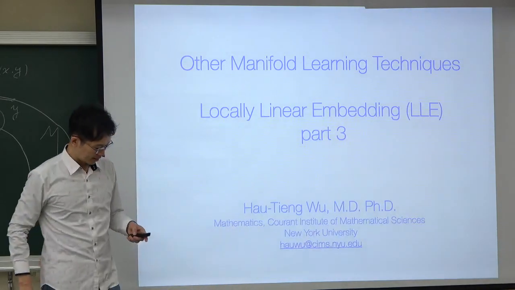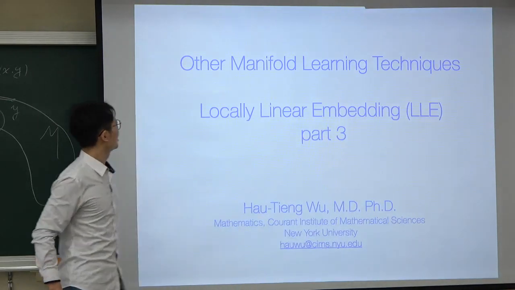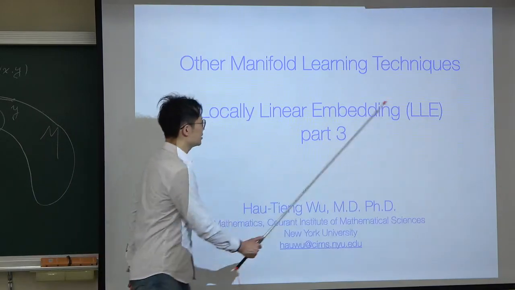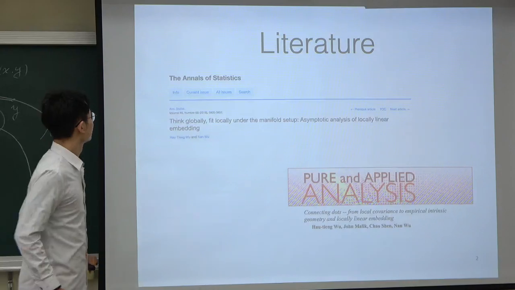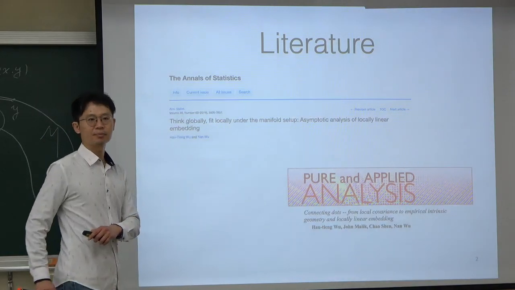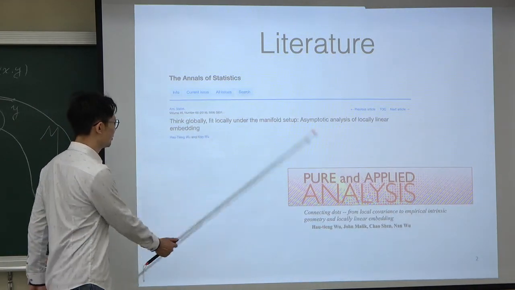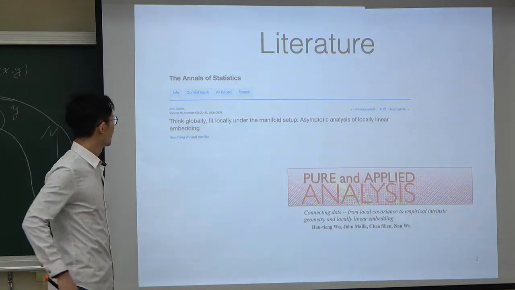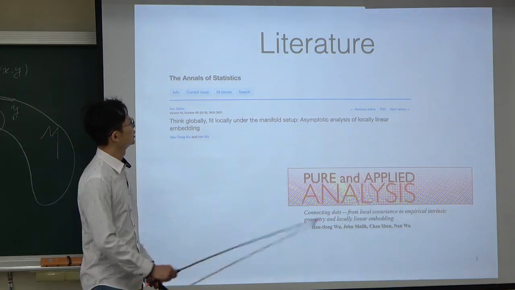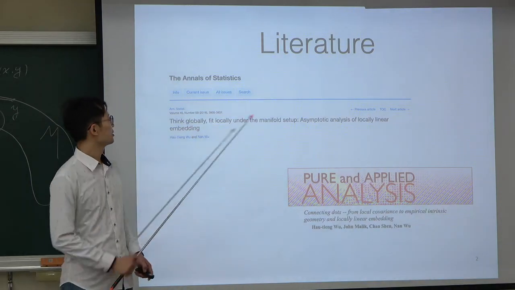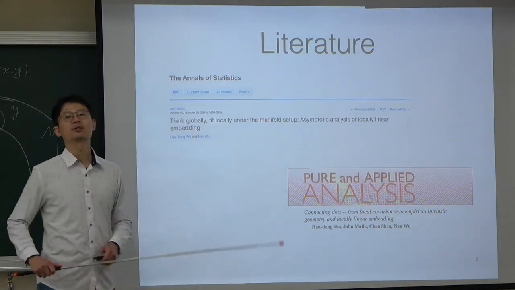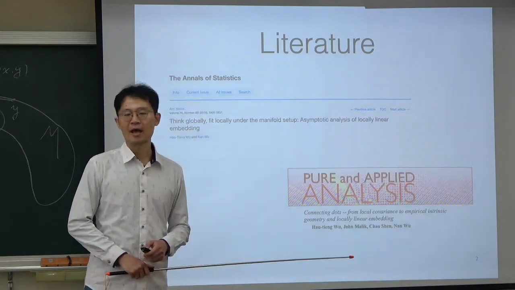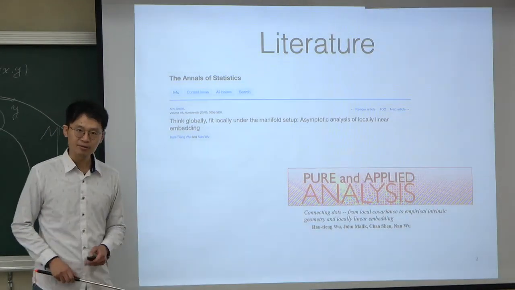Okay, so let's continue with the local linear embedding, part 3. The literature for this part will again be these two papers. And we will talk about some results here, in particular the results in this paper about the asymptotic behavior of the LLE under the manifold setup.